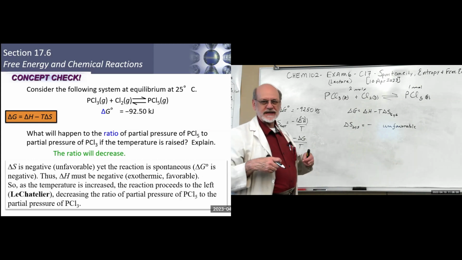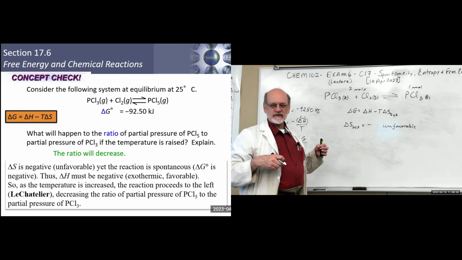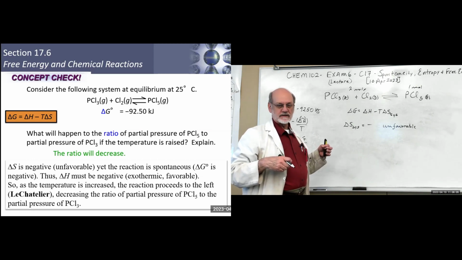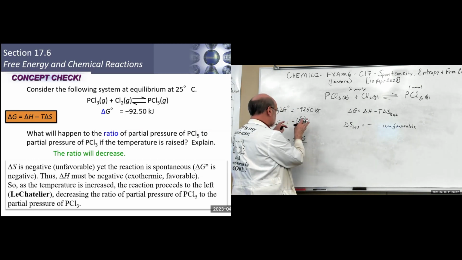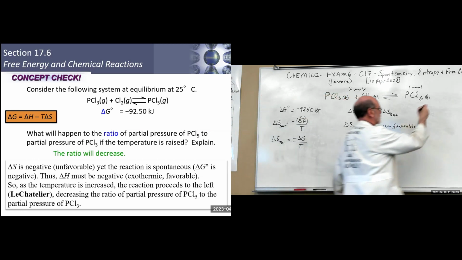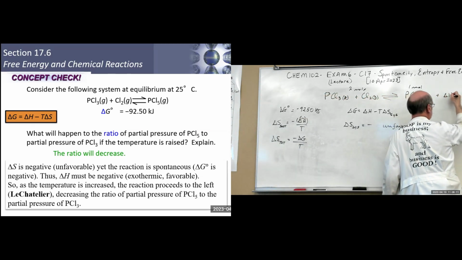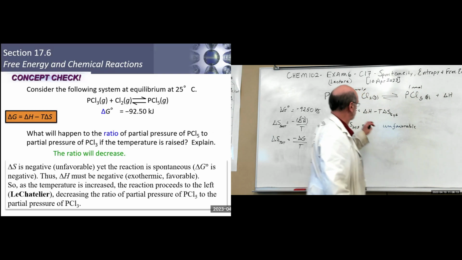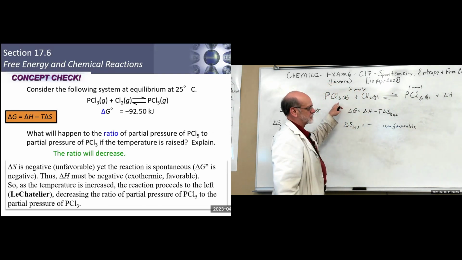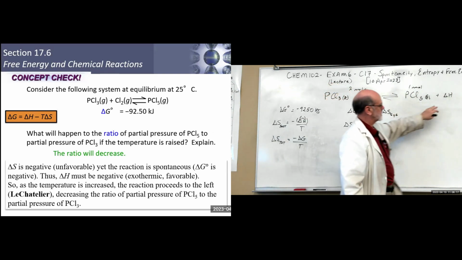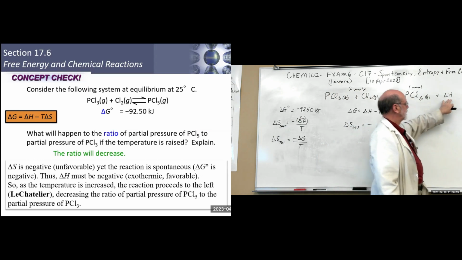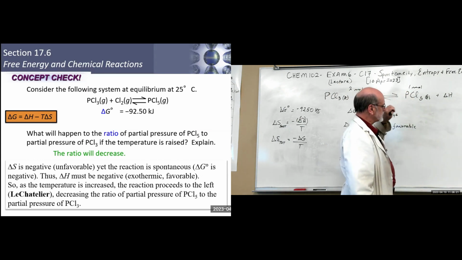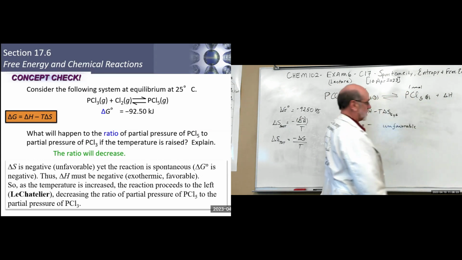So as the temperature is increased, the reaction proceeds to the left. And if this is exothermic, I remember our little trick that we did with Le Chatelier. If it's exothermic, that means delta H is on this side. So if we increase the temperature, we're going to drive it back to the left.